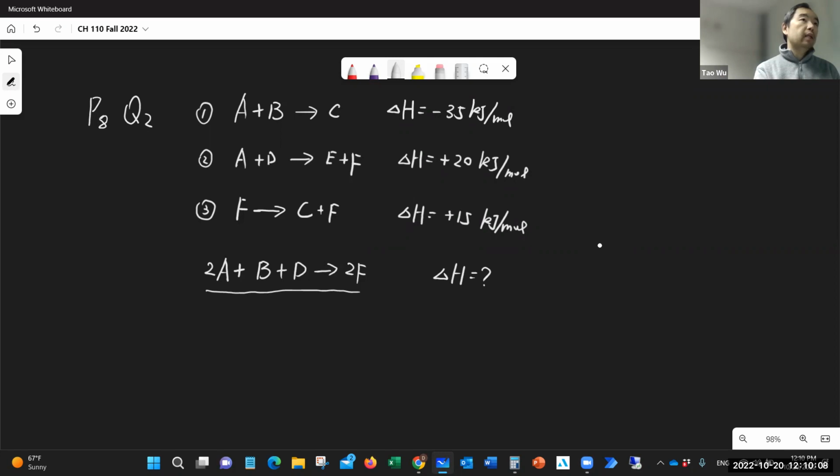You have to find a unique component for each equation and then modify these equations based on the unique component. So what does a unique component mean?